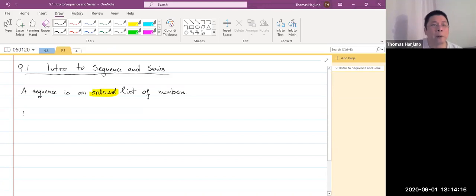Now, for example, we have this sequence, the sequence of 5, 8, 11, 14, 17, and on.